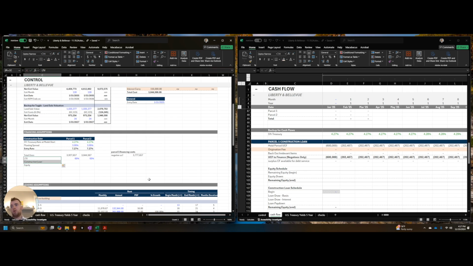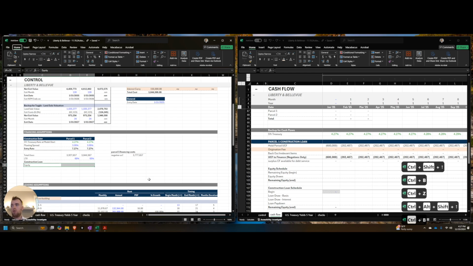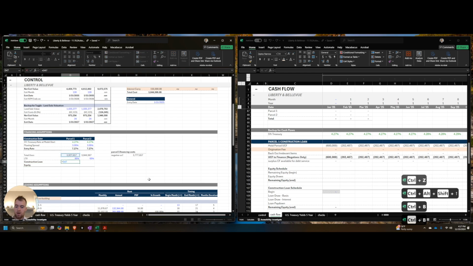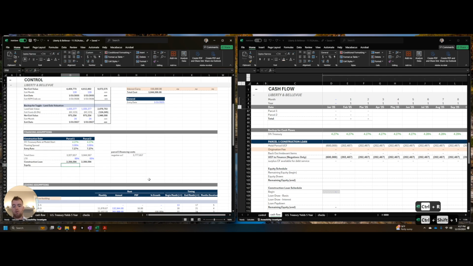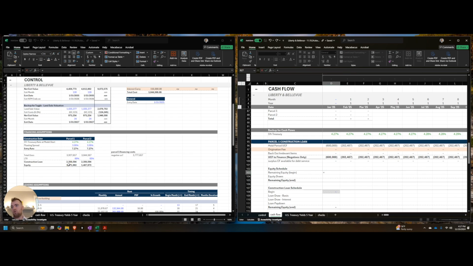Equity. Equals that times that. Equals that. Equals that minus that. So you've got this construction loan and then you've got this equity, and then together they equal the total project cost. Your equity needs to get drawn down first.